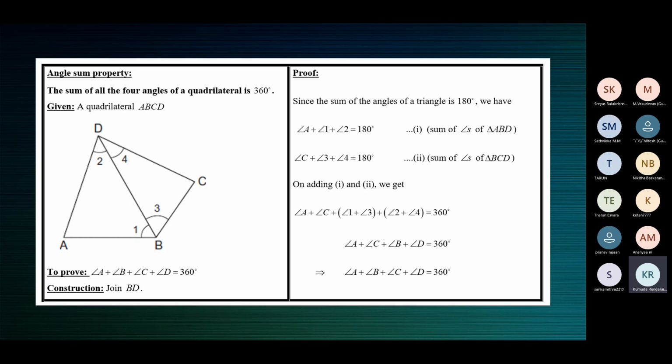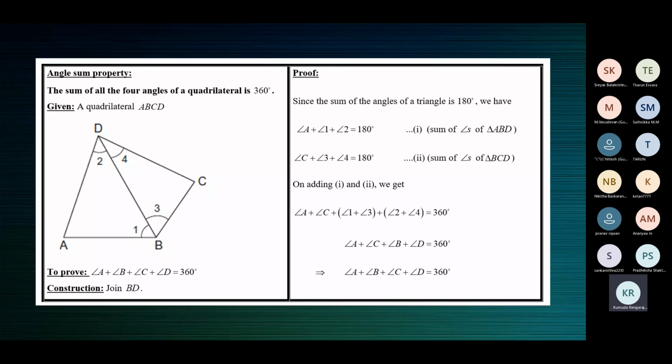Now, tell me, in a parallelogram, are all the sides equal or only opposite sides equal? Opposite sides. So you can relate this to which one, rectangle or square? Rectangle. So in a parallelogram, diagonals are unequal. If the diagonals are equal in a parallelogram, it is a rectangle.